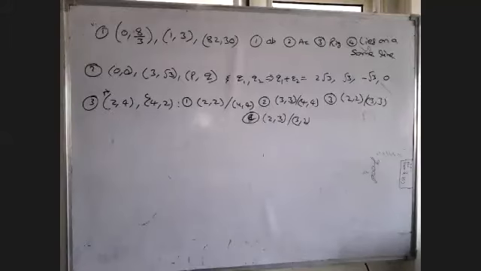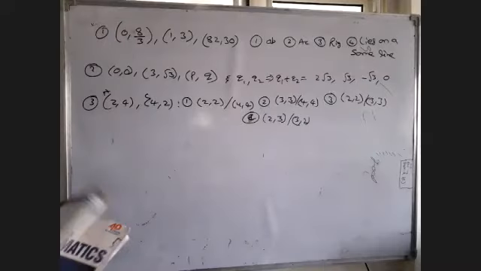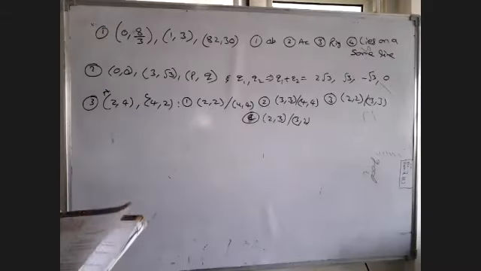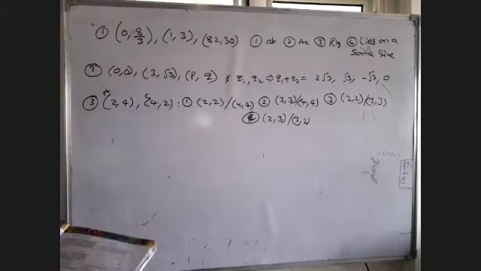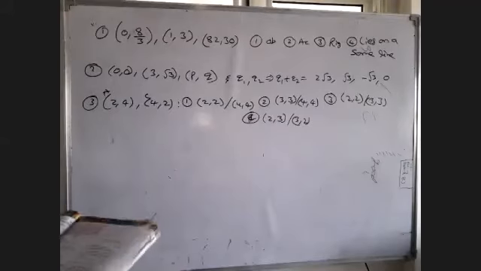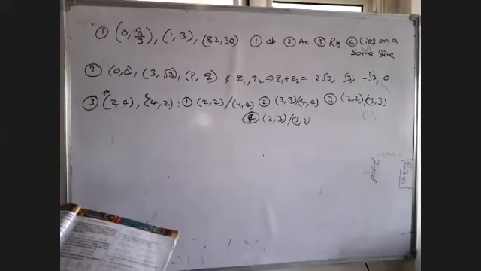The second one is 3, 3 or 4, 4. The last one is 2, 3 or 3, 2, reverse.